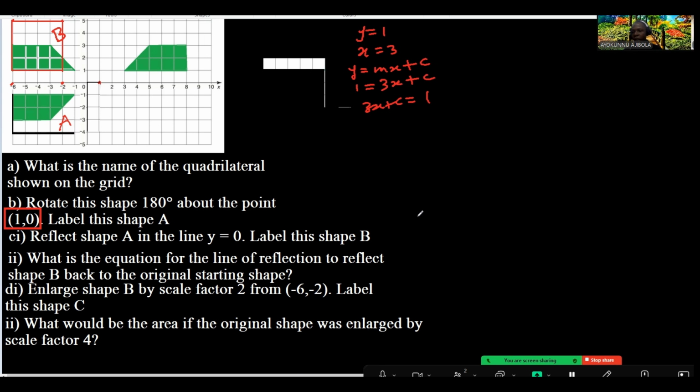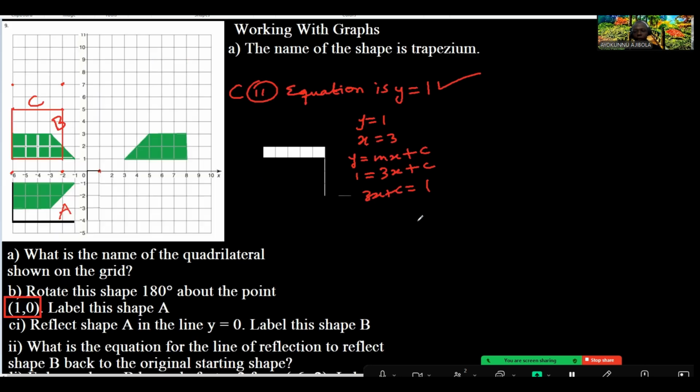So question C asks us to do that. The last question says, what will be the area if the original shape was enlarged by a scale factor of 4? So let's try to enlarge it with another color now and see what it's going to give us. So here it is.